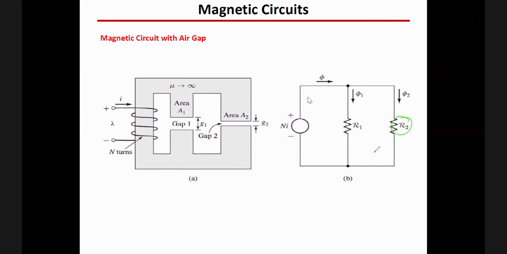It's not a resistor, but the behavior is like resistors in the electric circuit. So we can combine them in series and parallel, similar to what we do with the resistors in an electric circuit. Yes, similar to the resistors in an electric circuit. Yes. Okay.